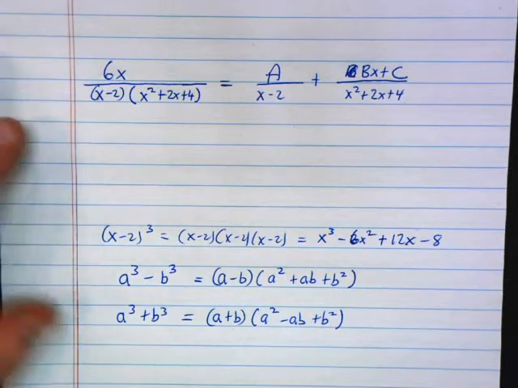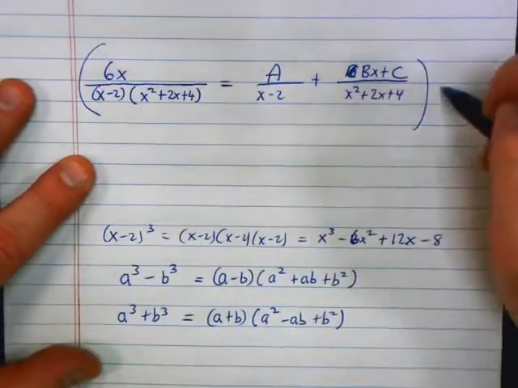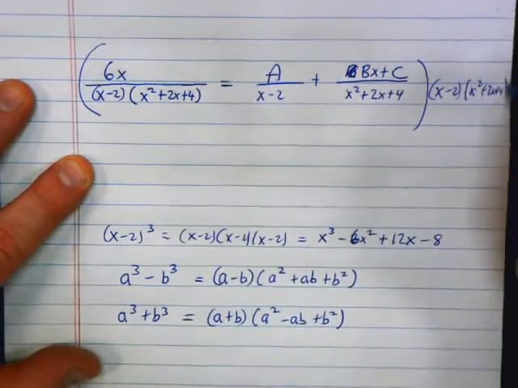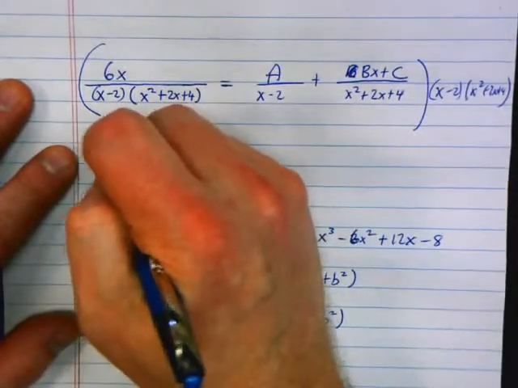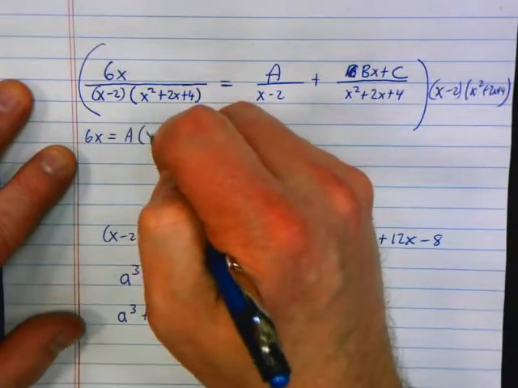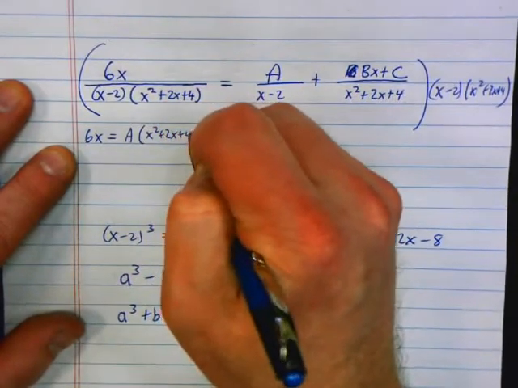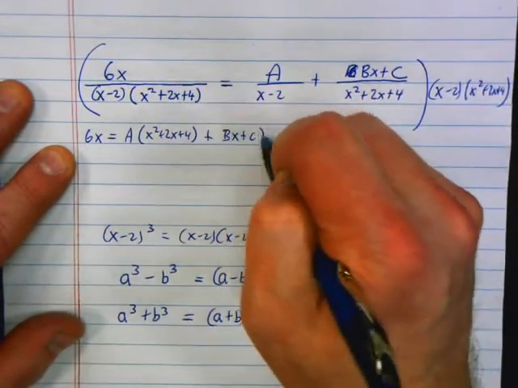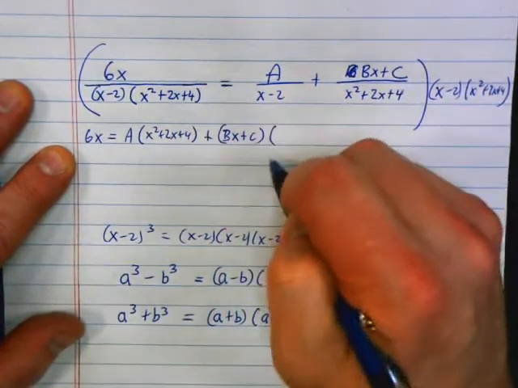Clear the fractions. Six x equals a times x squared plus 2x plus 4 plus bx plus c times x minus 2.